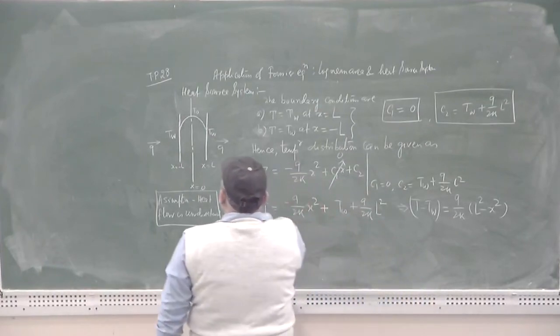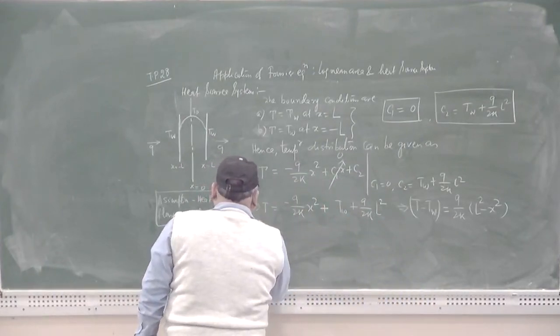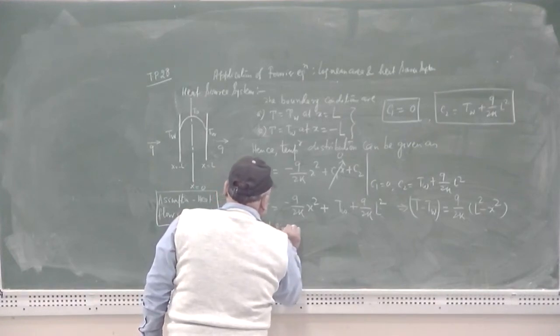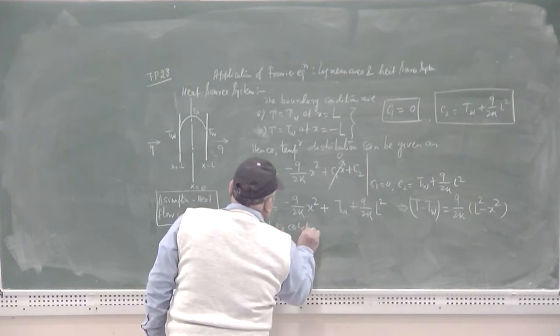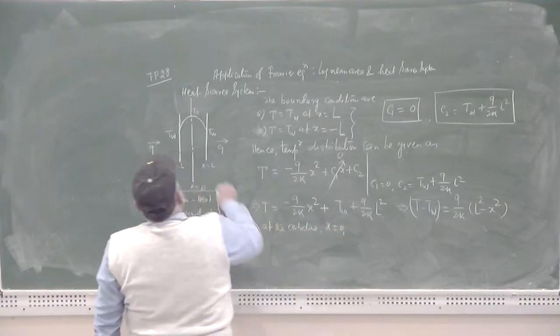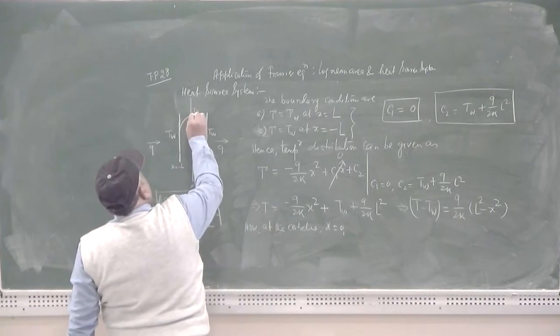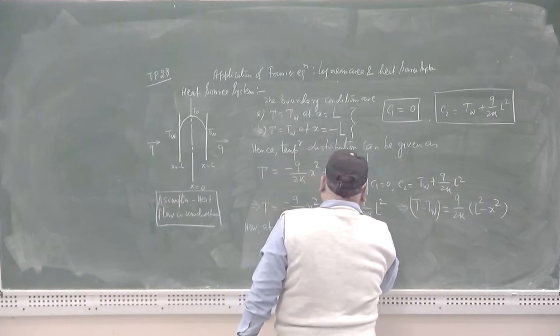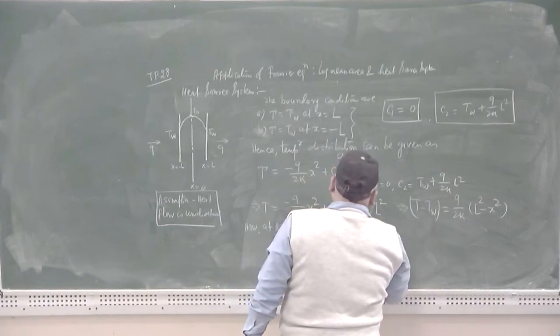Now, at the center line, x is equal to 0, the mid value T naught. So, T is equal to T naught.